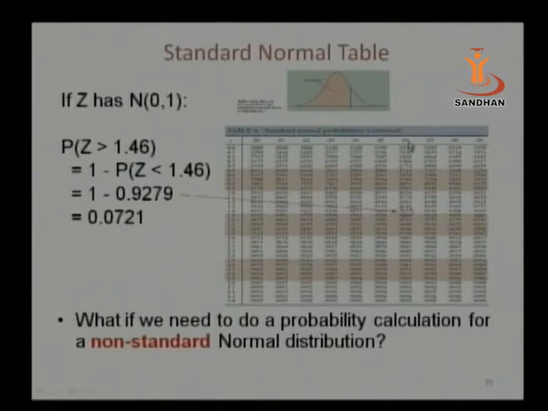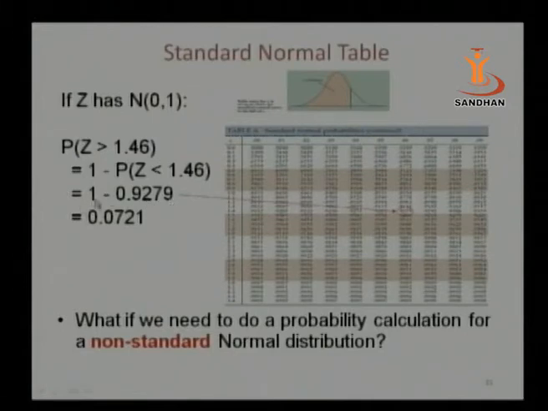So add 0.06 with 1.4 and just select the value situated at the crossing of these two row and column. You can see it is 0.9279. Near the cursor you can see it is nothing but 0.9279.